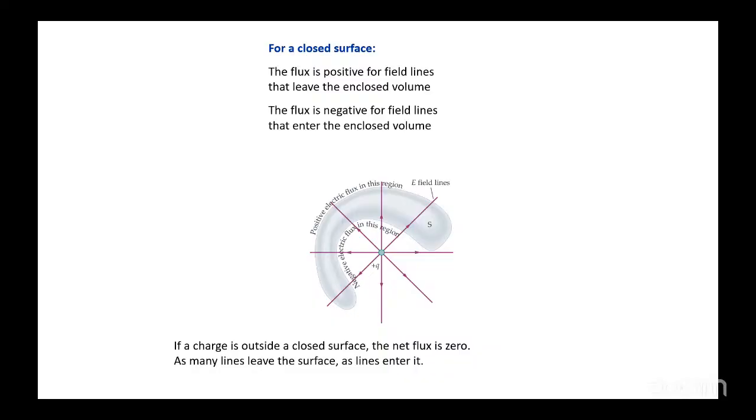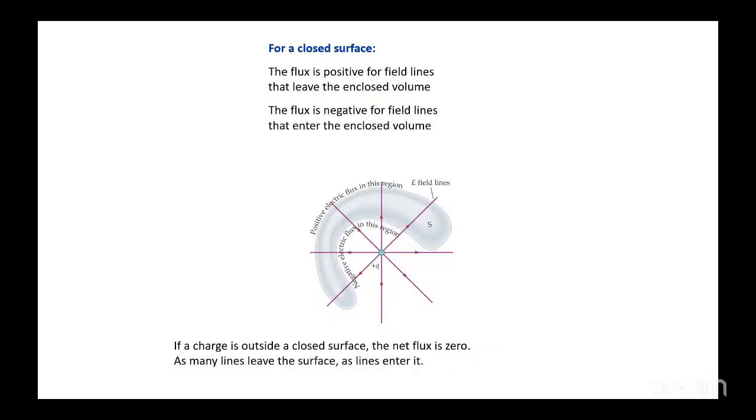Whenever a closed surface encloses such a volume and you want to calculate the flux value, you have to divide it into two, three or four different categories, where the flux is entering and where the flux is leaving that particular closed surface area. If it is entering, the flux is negative; if it is coming out at another point, it is positive.